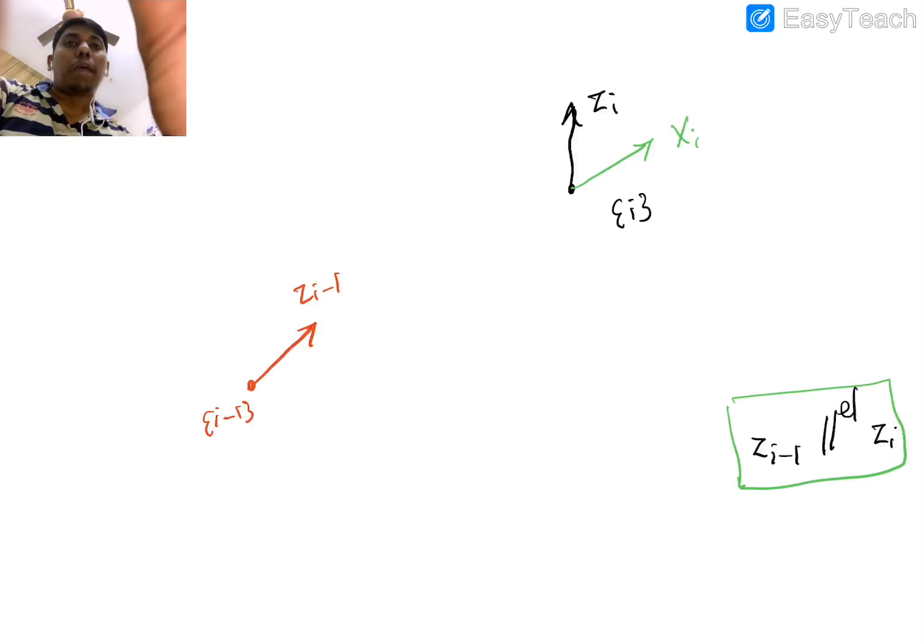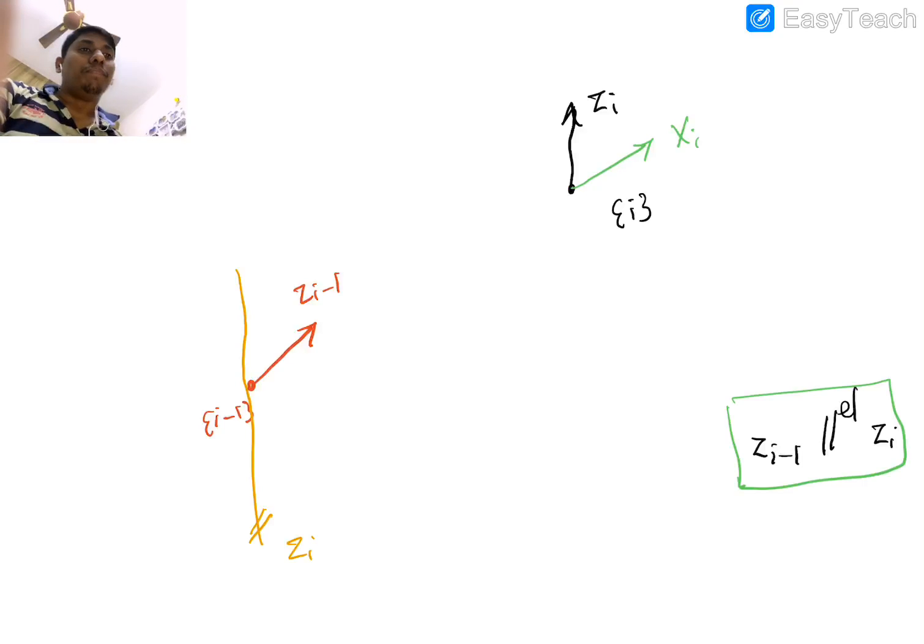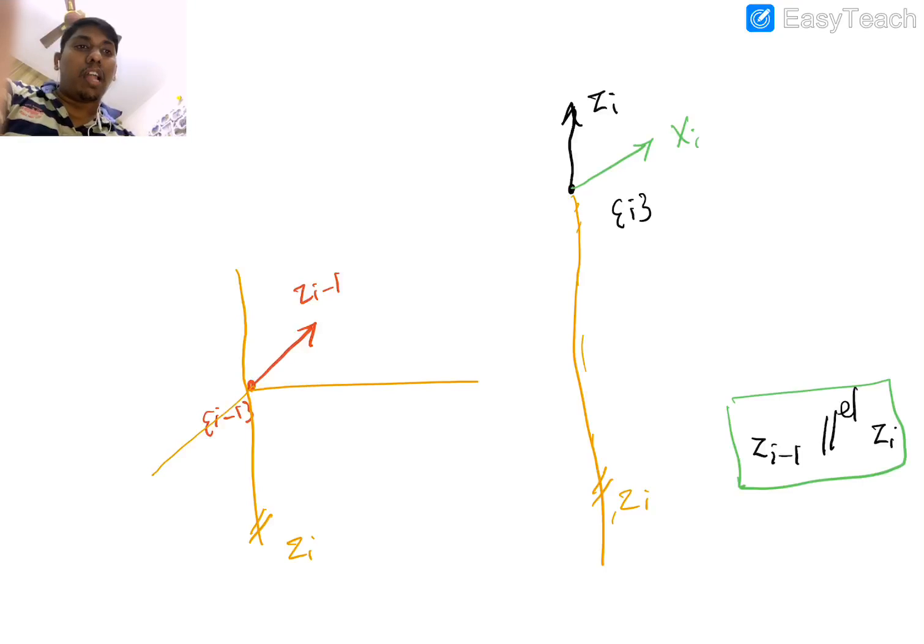For that I am taking a parallel line here. This is parallel to Zi, and now I am drawing a common normal between Zi minus 1 and Zi. So you can see that if I draw a line, this is normal to this and this is normal to this. So now this is the common normal.